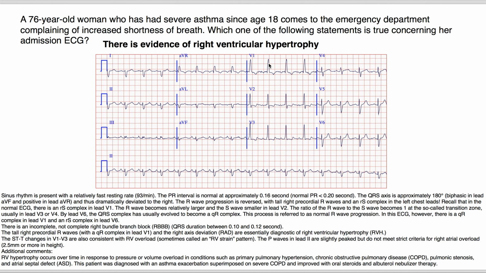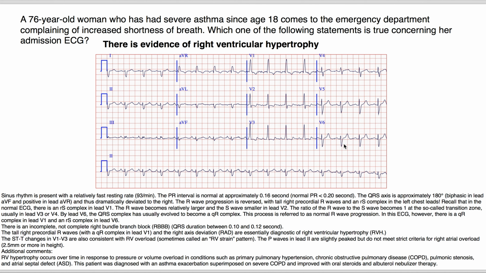The R wave progression is reversed, with tall right precordial R waves and an RS complex in the left chest leads. Recall that in a normal ECG, there is an RS complex in lead V1. The R wave becomes relatively larger and the S wave smaller in lead V2.